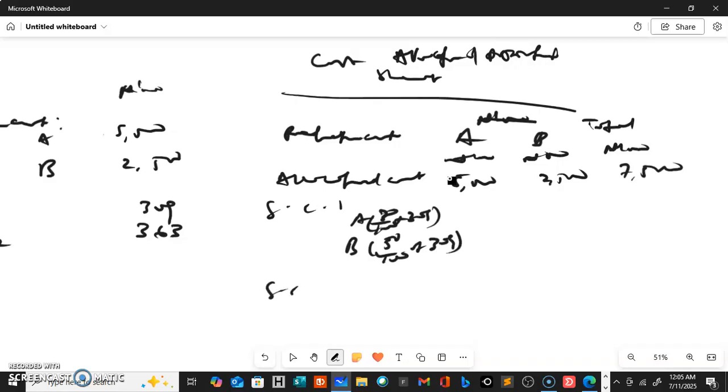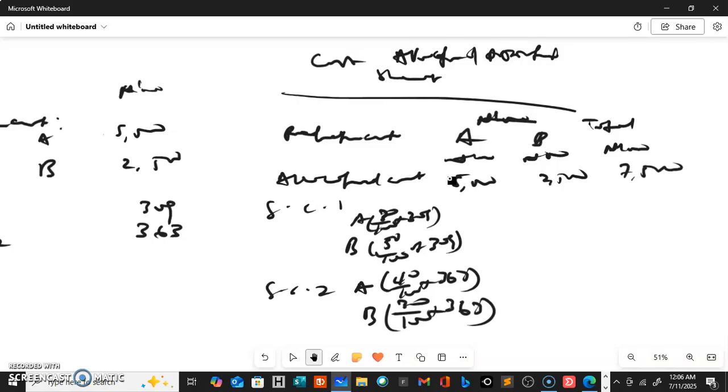For service cost center 2, A will receive 40% of 363, and B will receive 30% of 363. So let us do the calculation. 0.3 times 309, this one for A, will be 92.7 or approximately 93. So that's 93 for A, not B.